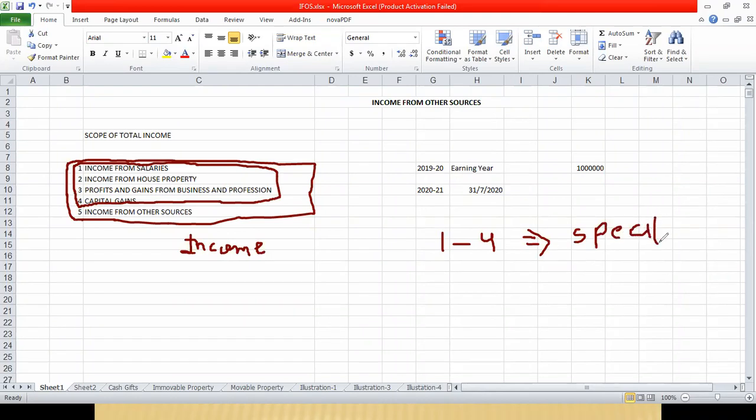Specific means particular, only that income will be taxed under these heads. And the fifth head of income, that is income from other sources, is called a residuary head of income.